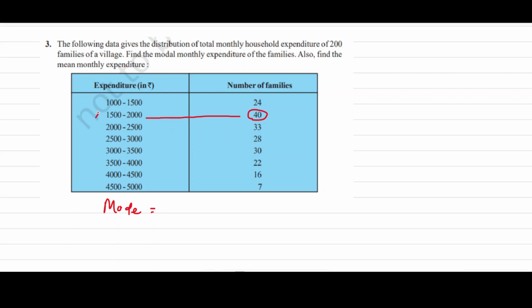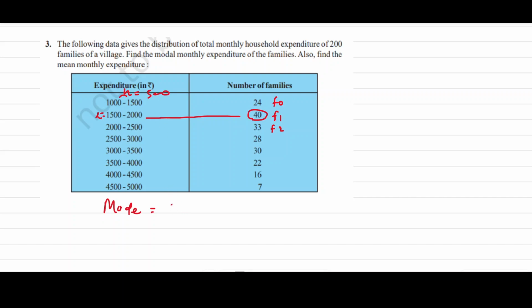So this will be L and this will be F1, this will be F0 and this will be F2. Clear? Now we have every piece of information. Now the size H will be 500.